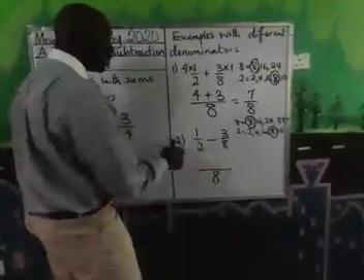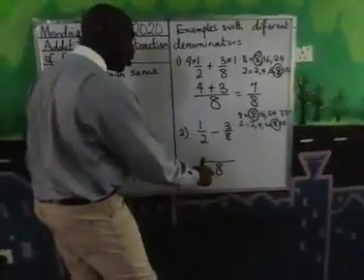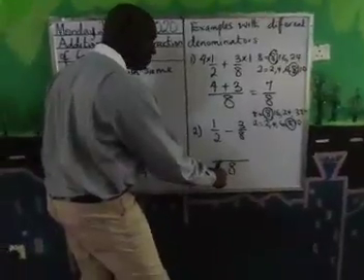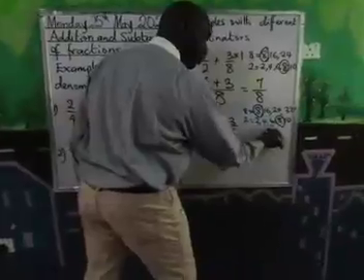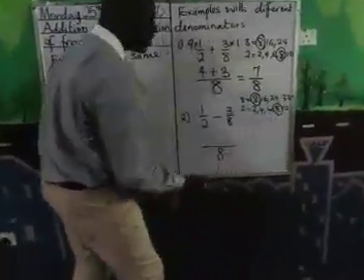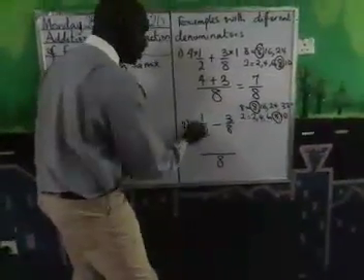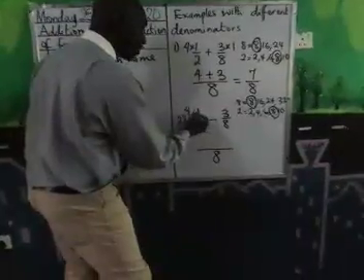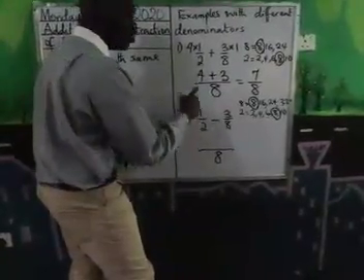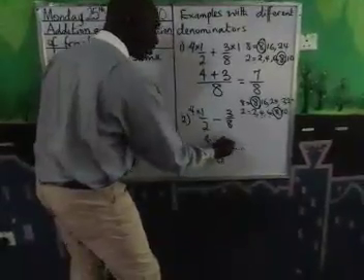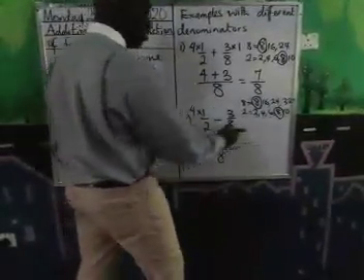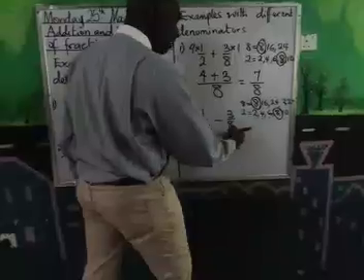Now once again, how many times can 2 be found in 8? Let's check. 1, 2, 3, 4. Do you write your answer immediately? No. Take it upstairs so that you can multiply the numerator. 4 times 1 is what? 4. Subtraction now. How many times can this 8 be found in this 8?